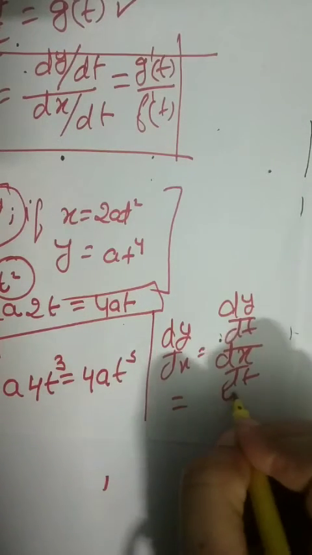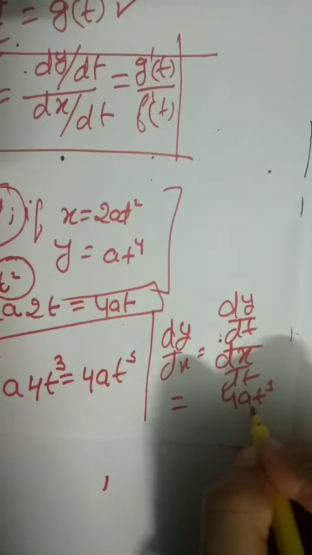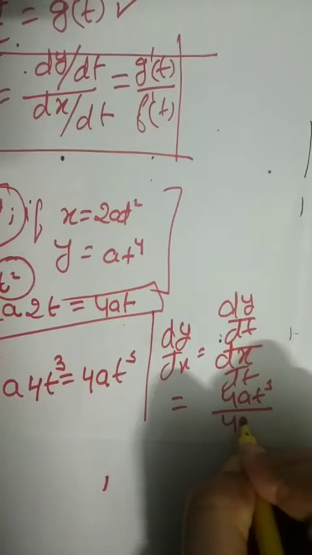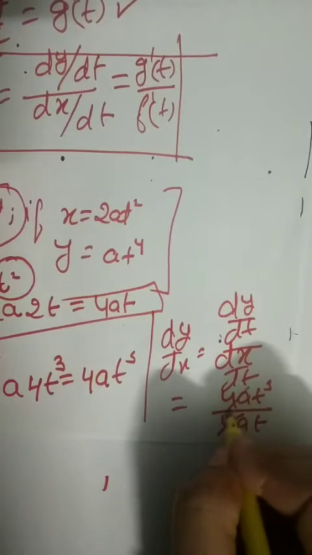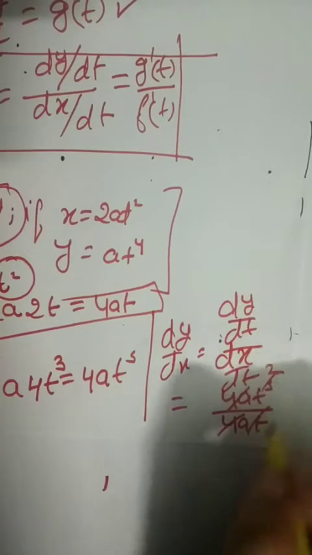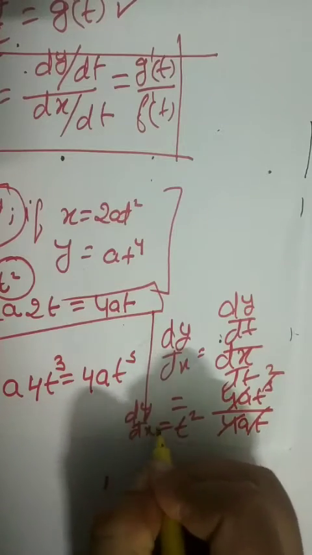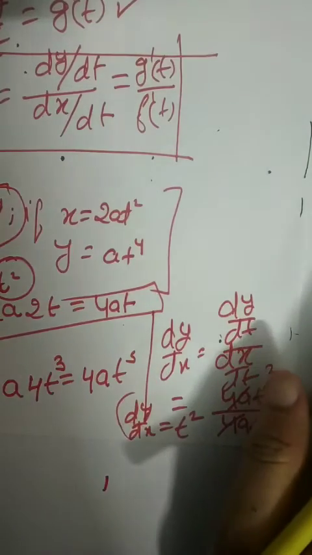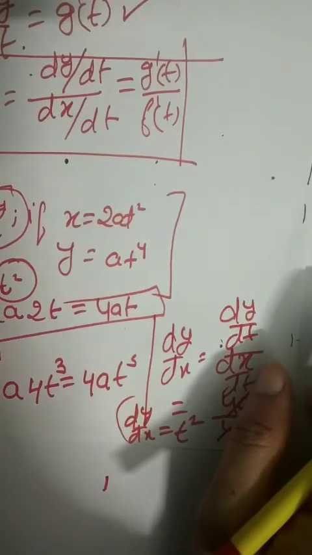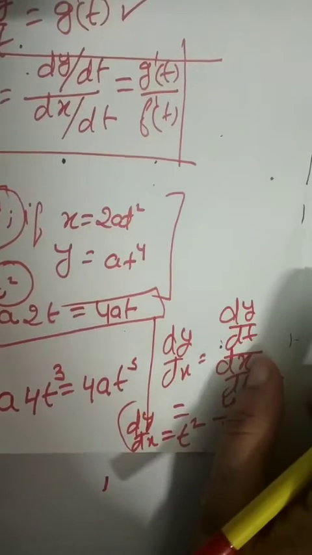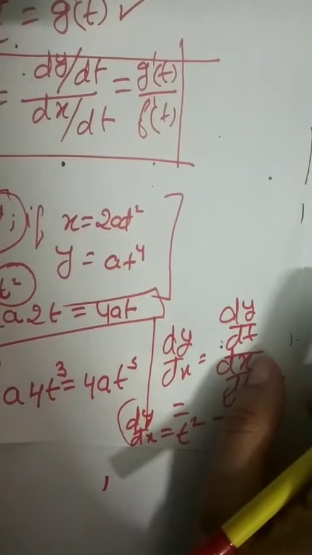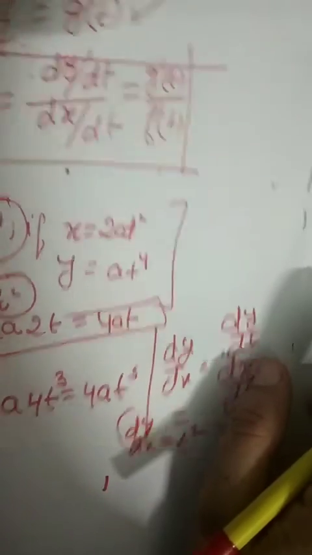So dy upon dt is 4at cube and dx upon dt is 4at. So you can see 4a cancels, t square is the answer of dy upon dx. In this way, you can solve the question of exercise 5.6, where you are given the value of x and y in terms of the other variable.